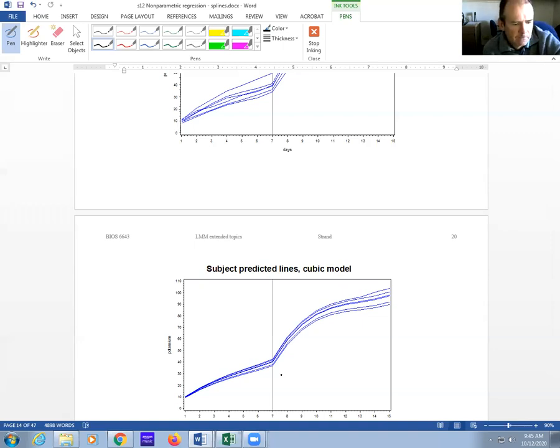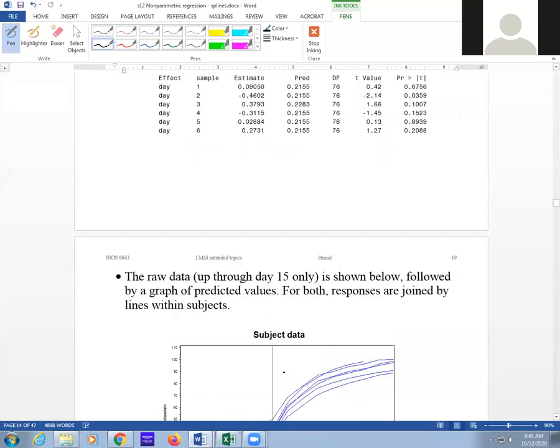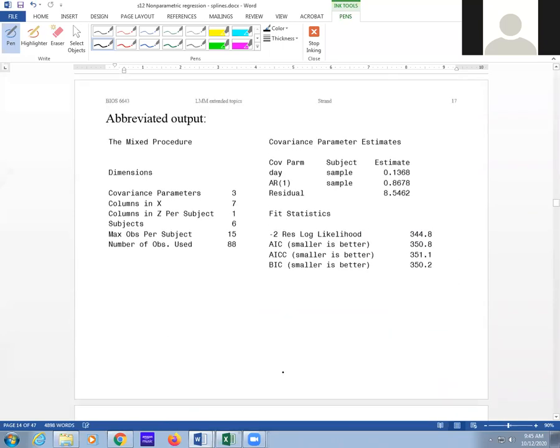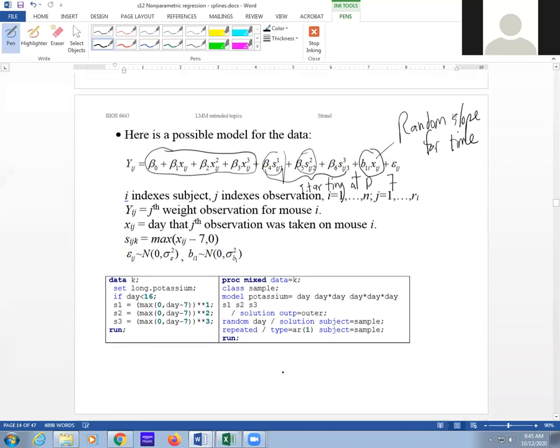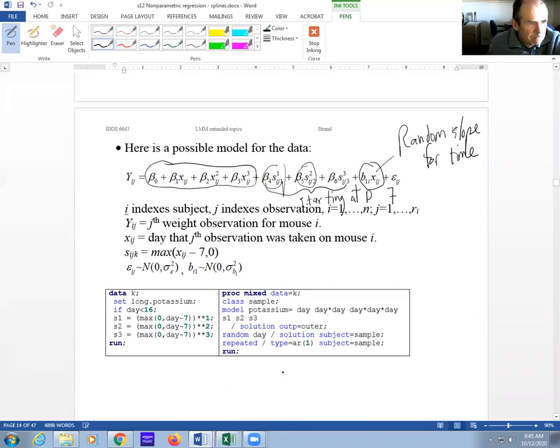Okay. Benjamin. Yeah, like 2 slides up, where you had a data step somewhere. This one? Yeah, that one. Where you have if day is less than 16, and then the S1.